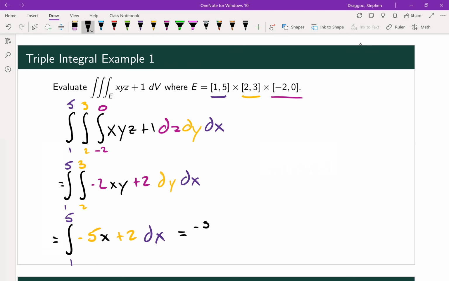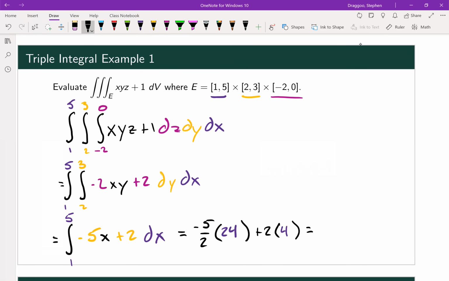So negative 5 over 2 times 24. Let's put that part in purple because it's coming from our x value. Plus 2 times x. I will plug in 5 and plug in 1 and take the difference. 5 minus 1 is 4.